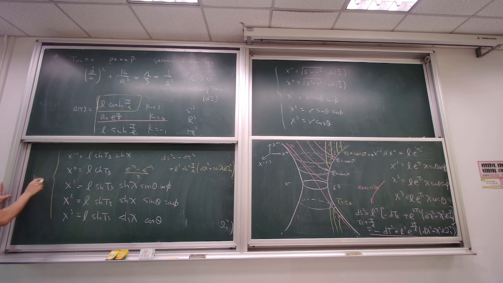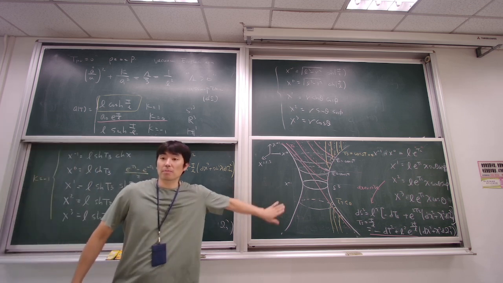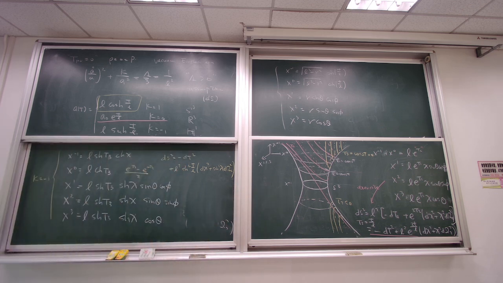This is k equal to -1. So depending on how you take a slice of this hyperboloid inside Minkowski space, you can have a different induced metric. The corresponding ones are k equal to 1, k equal to 0, and k equal to -1. That's how you obtain this solution of the Einstein equation.